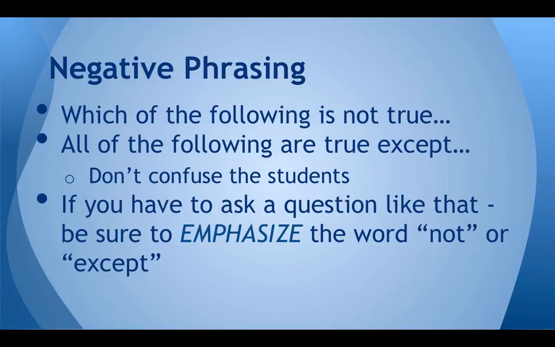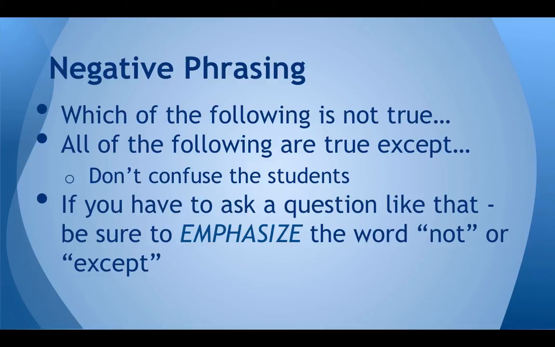One thing you want to watch out for in creating multiple choice questions is to try to avoid using negative phrasing. Negative phrasing includes which of the following is not true or all of the following are true except. These questions can confuse students, so if you do have to use a question like this, make sure that you emphasize the word not or except.